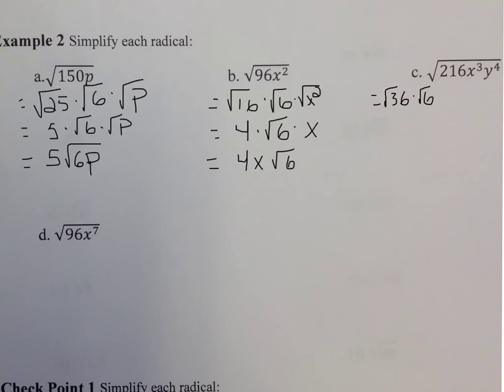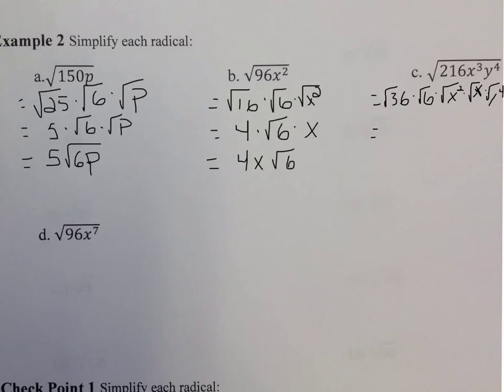So I'm going to rewrite this x cubed as x squared times x, because x squared times x is still x cubed, but if I write it like that, then I can take the square root of the x squared, but I still got the square root of x to deal with in my answer. And I got the square root of y to the 4th.